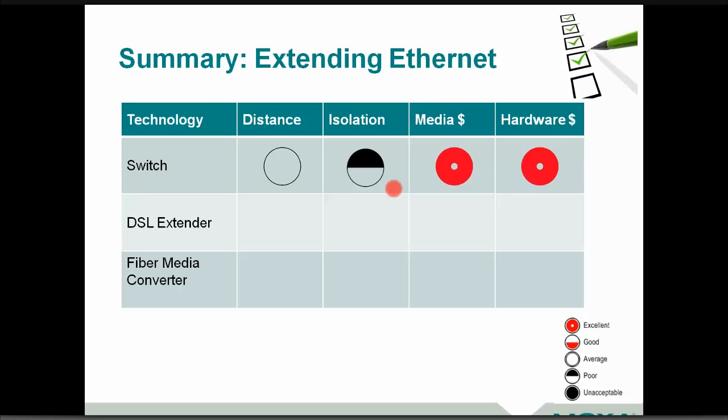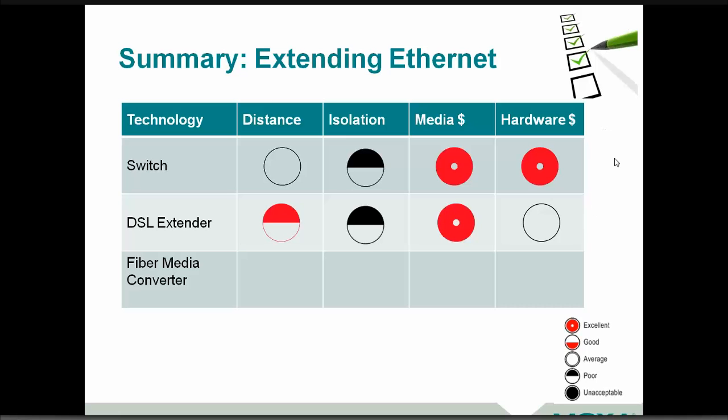Not bad, but not as good as some other technologies that are opto-isolated. Real low-cost media, we're talking about extending with plain old Cat5 cabling, and pretty good in terms of the hardware costs. You can use an inexpensive unmanaged switch for this, right? So there's the wrap-up for the switch technology.